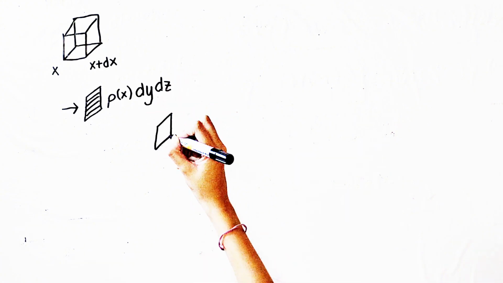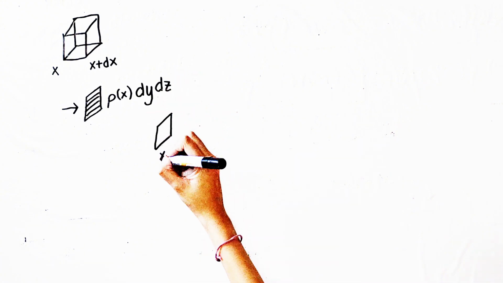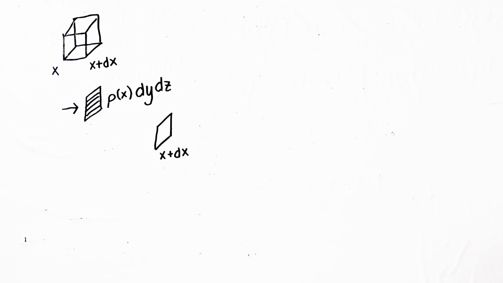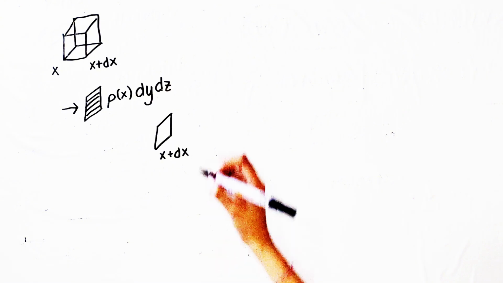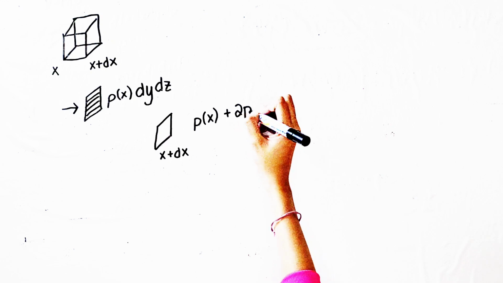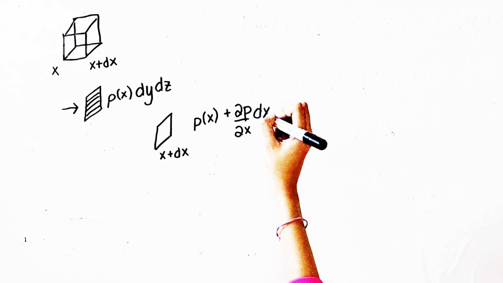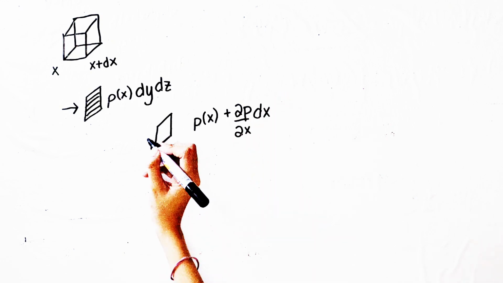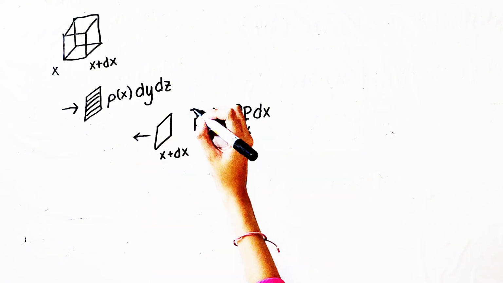Now let's look at the right face. We do the same thing, but notice that it's located at x plus dx. Therefore, using the first Taylor expansion, we write the pressure on x plus dx as P of x plus partial of p with respect to x dx. And since this time, the pressure is moving to the left, it's in the negative direction.